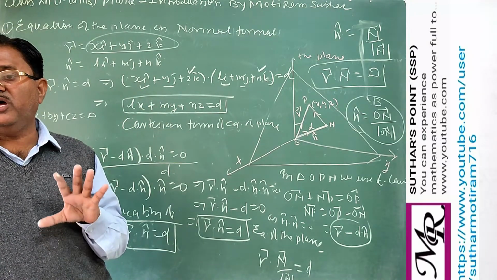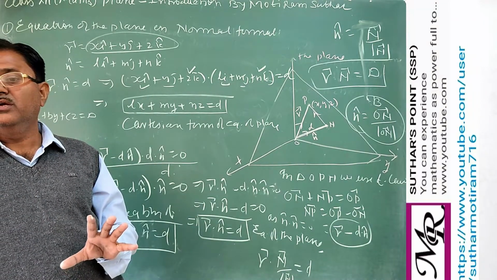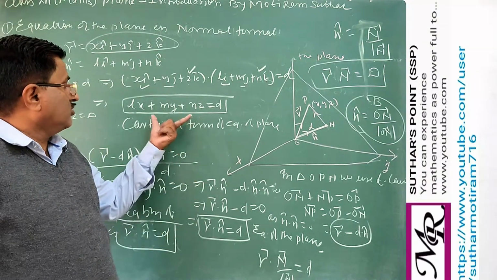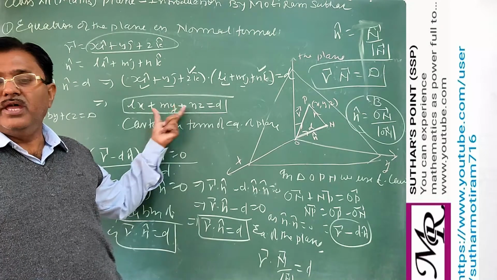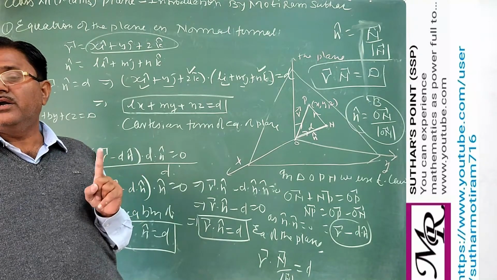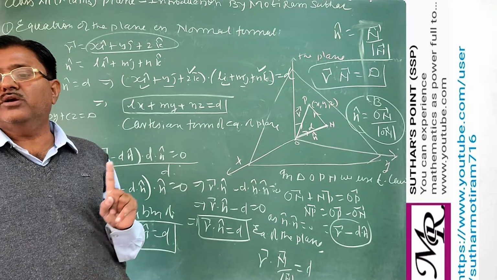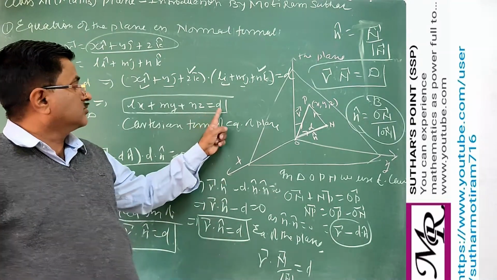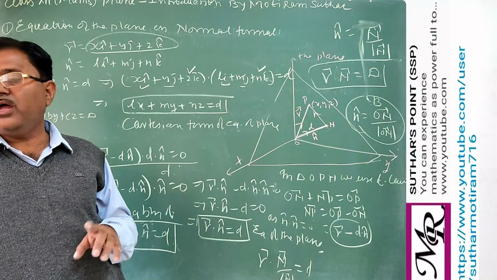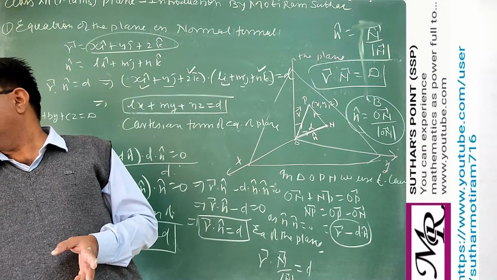So it is very important here, student, if any equation is given, what symbol represents what. Like suppose you are given this form, then here l, m, n are the direction cosines of the normal vector which is perpendicular to the given plane, and small d is the distance of the plane from the origin. These two things are given.